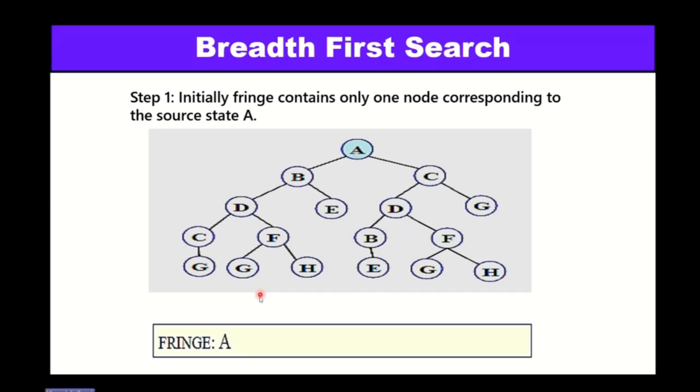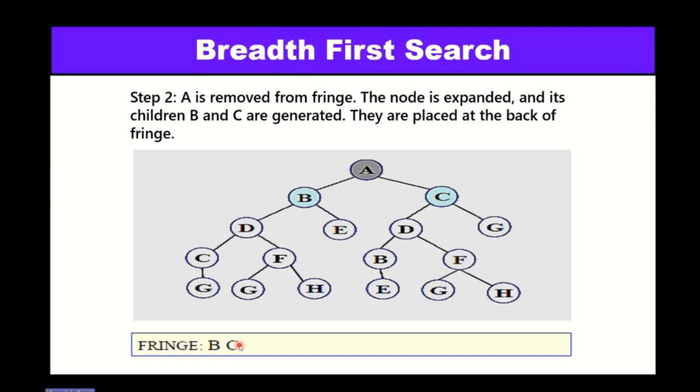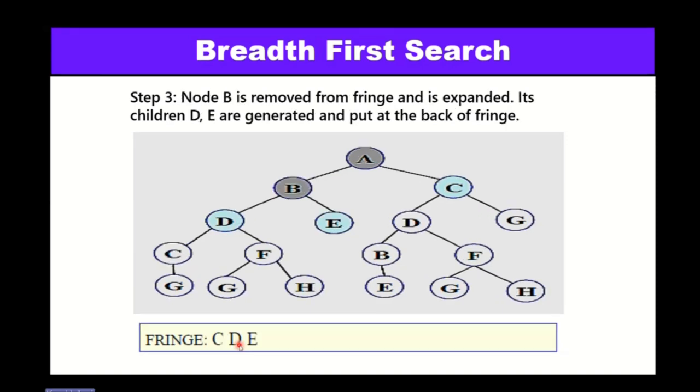So A is taken in the list. Now B and C are the next nodes. So B and C are generated and they are placed in the fringe. Now see that I will be taking C first. I am not taking D.